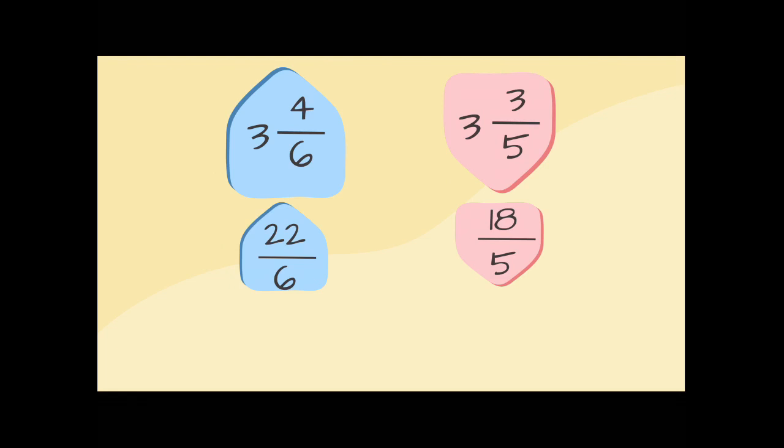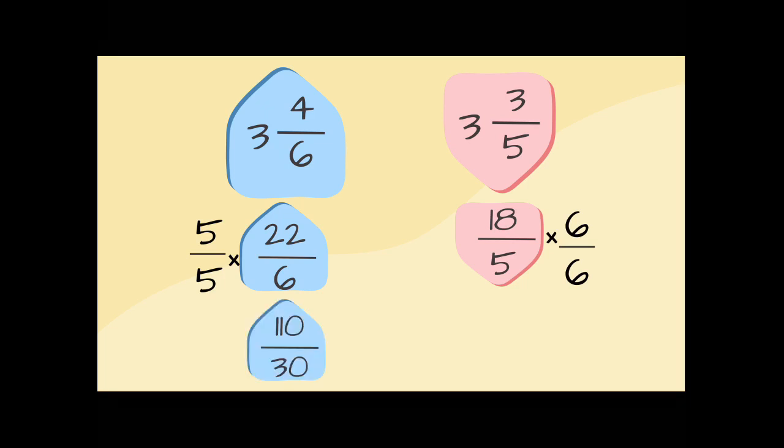So we have to make both the fractions over 30. The way to do this on the left side is to multiply 6 times 5 on the bottom and 22 times 5 on the top. So we're going to do this calculation. And then on the right side, we're going to do 6 over 6 times 18 over 5. And we're going to get 110 over 30 on the left side and 108 over 30 on the right side.